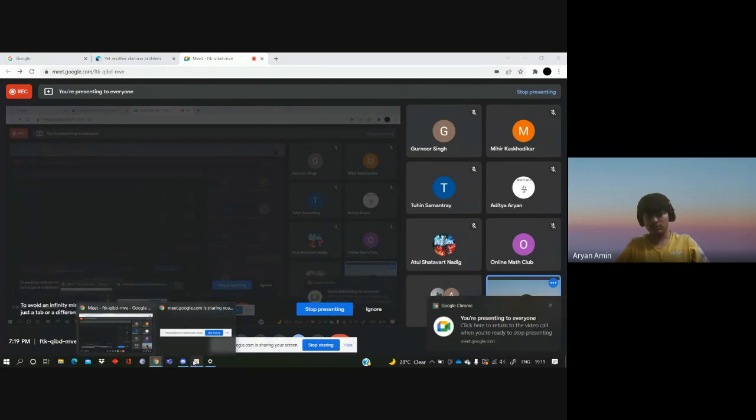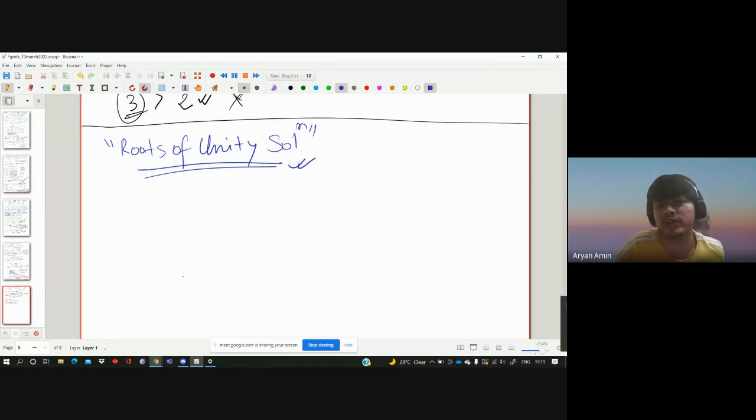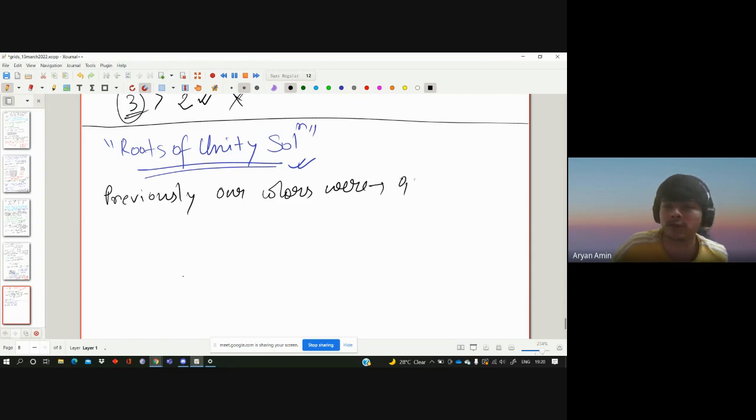Okay, so now let us move on to the roots of unity solution. Previously our colors were 0, 1, 2 up till k minus 1.